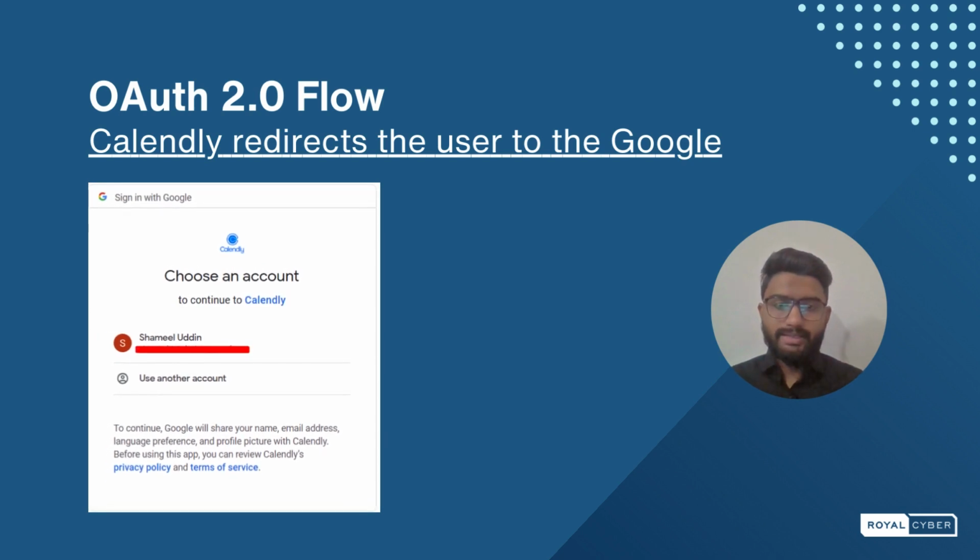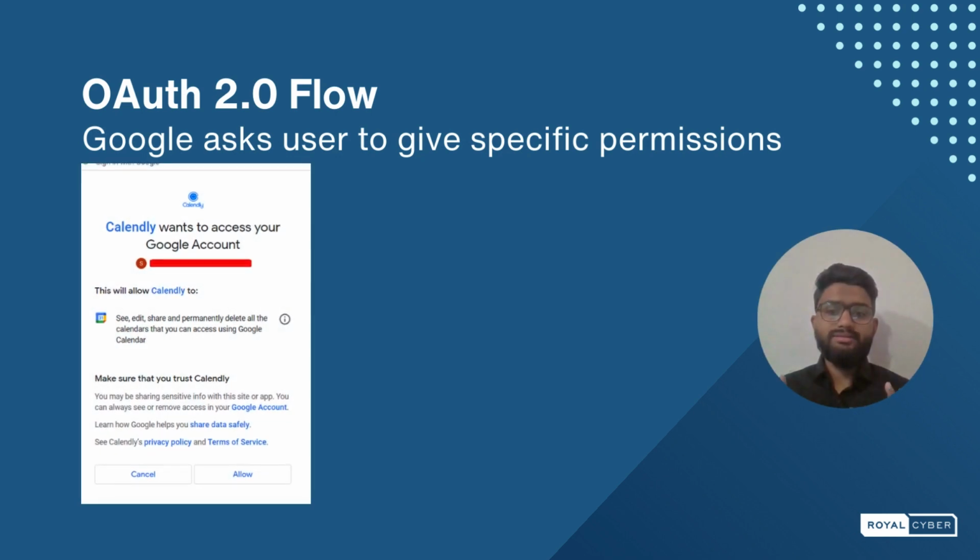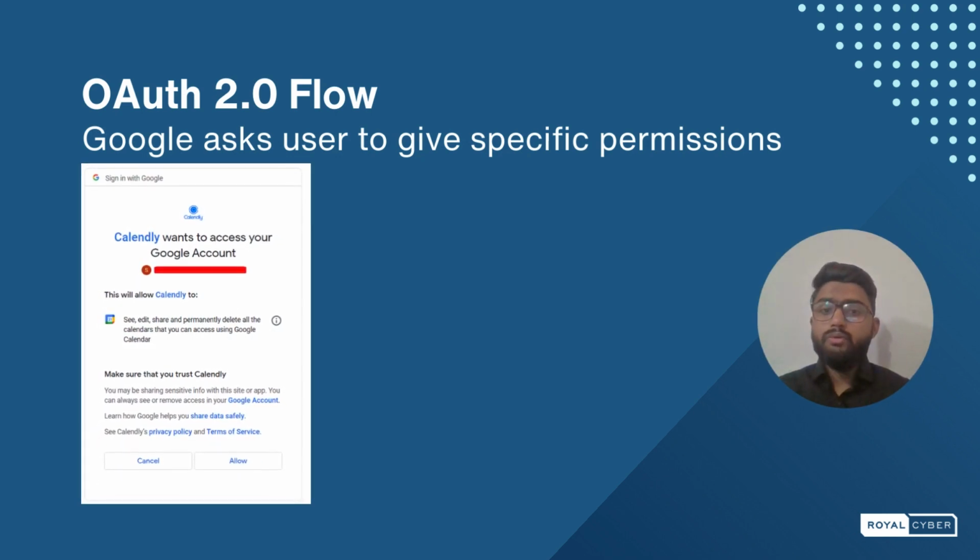Whenever you go to the Calendly application, Calendly would redirect you to Google's page. A separate window would pop up and it would require you to log in to Google with your own credentials. After the user has successfully logged in, Google would ask the user to give specific permissions.